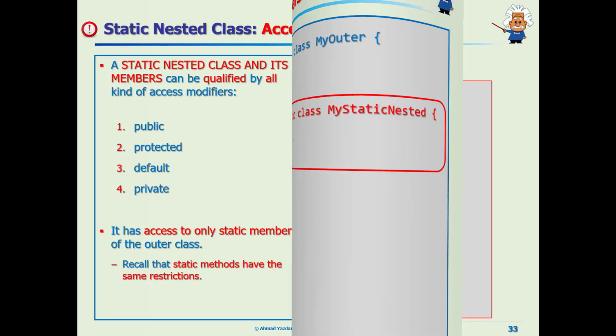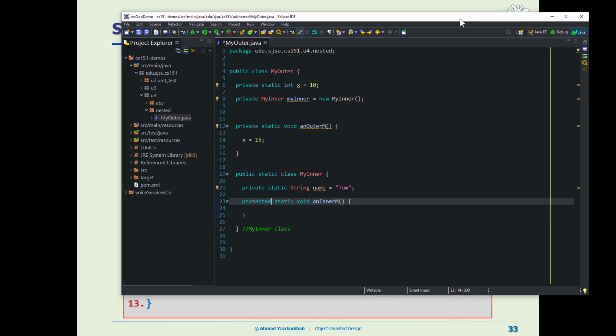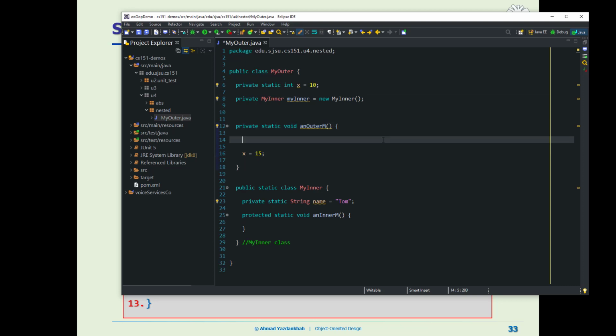Another question is how can we instantiate it? Very easy, just like a regular class. So you see here, I instantiated this as an instance variable, no problem. Let me copy and paste it inside here, and you see there is no problem.